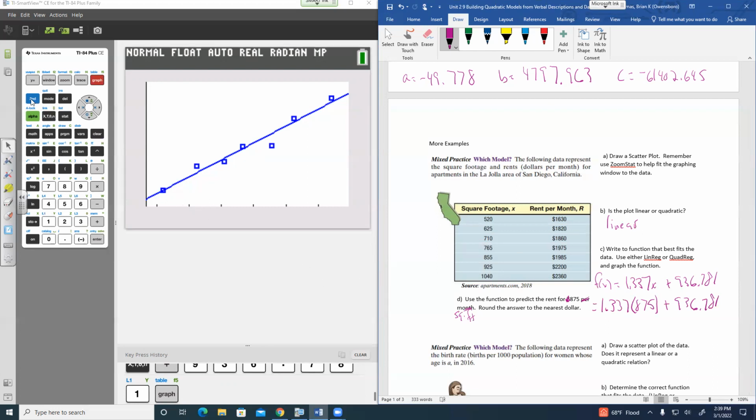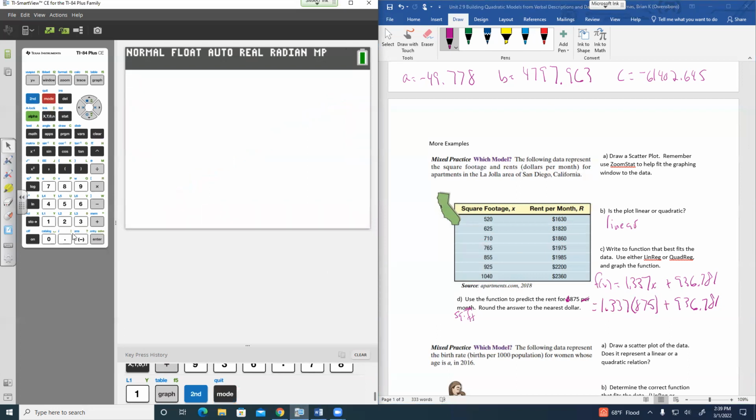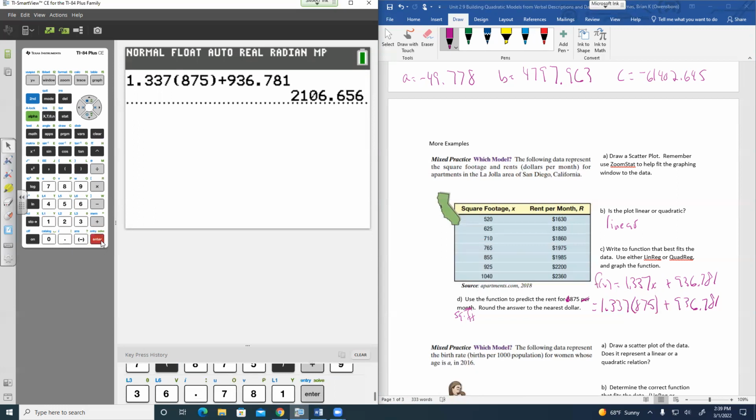If we get out of the graph and put in 1.337 times 875, then add 936.781 and hit enter, we get about 2,000. That fits in line with what we're seeing here. Rounding to the nearest dollar, it would be $2,107.